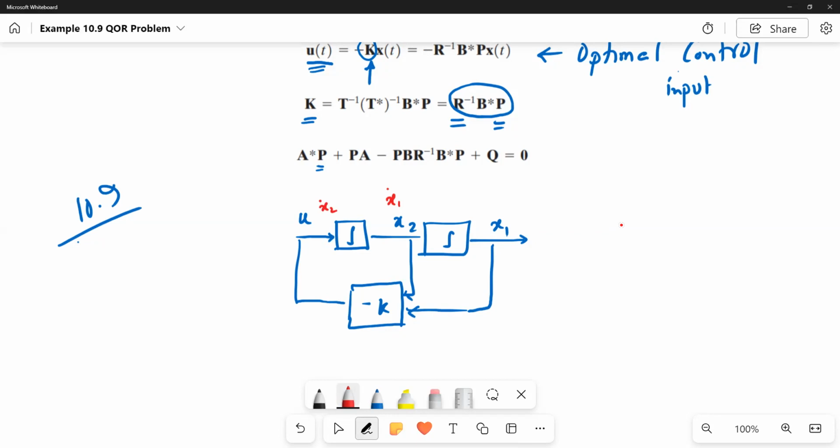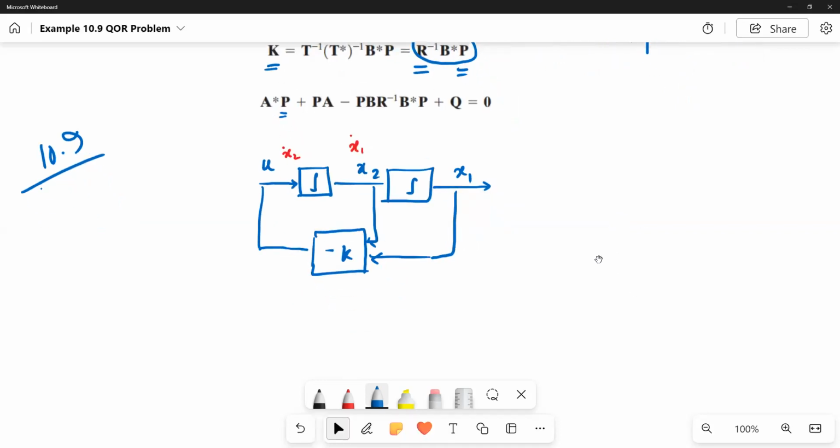So from this given system, we can write the equations as x1 dot equal to x2 and x2 dot equal to u. So it's a very simple system.